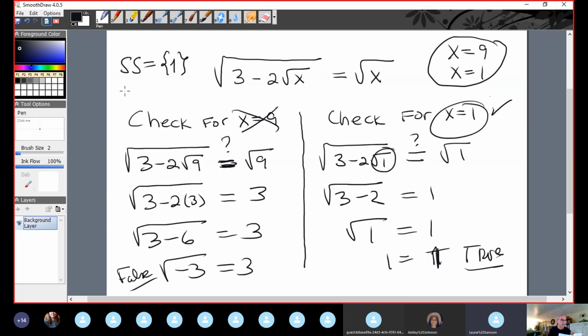Radical equation. I guarantee you, let me remind you, in the test on paper we have only one question. The test on paper, the first question is complex numbers, arithmetic of complex numbers, power of i, division, multiplication.